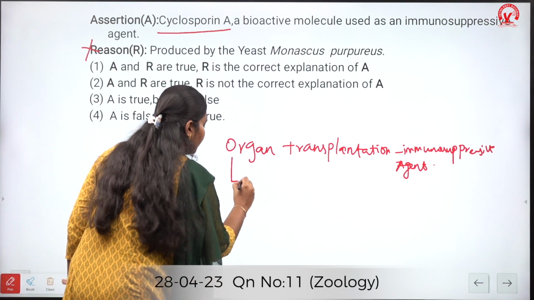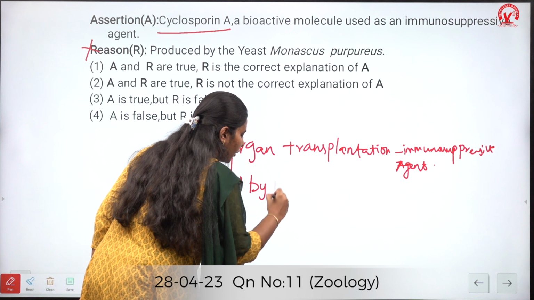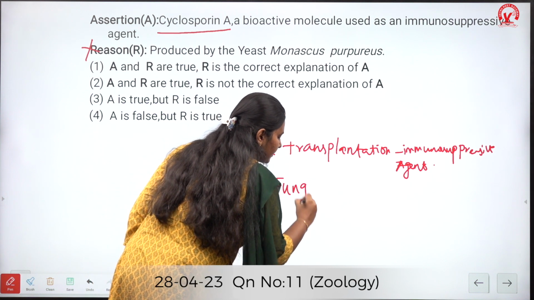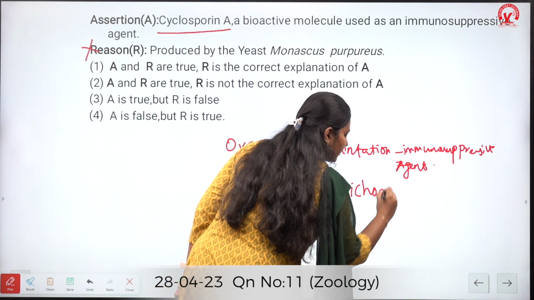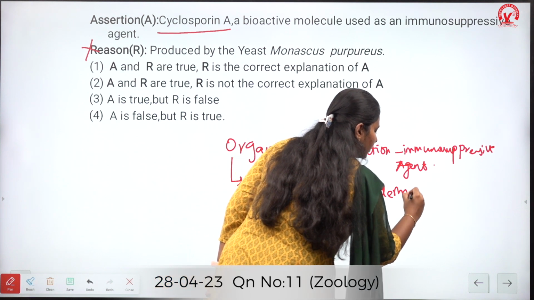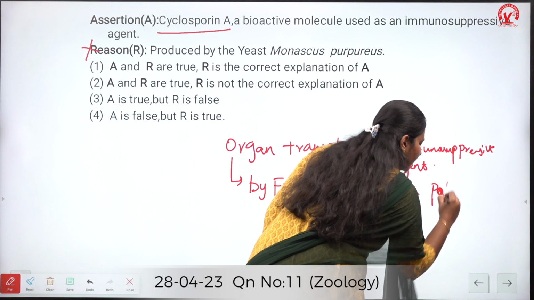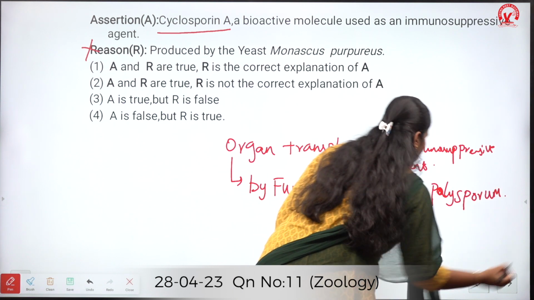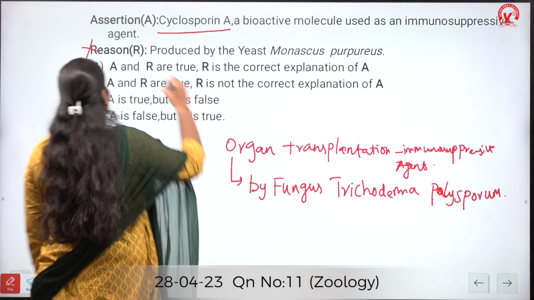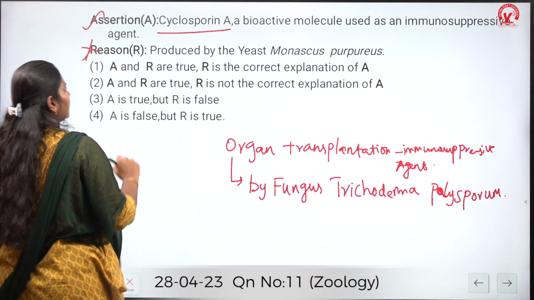It is usually produced by the fungus Trichoderma polysporum. So here the assertion is correct, but the reason is wrong.